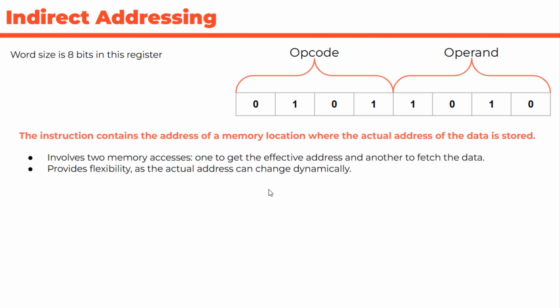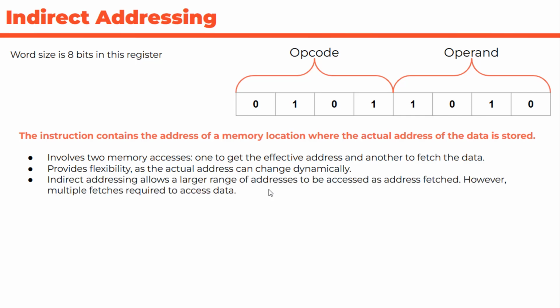It provides flexibility as the actual address can change dynamically, and indirect addressing allows a larger range of addresses to be accessed as the address is fetched. However, multiple fetches are required to access the data itself, and that takes time. So to fetch data is a long process.